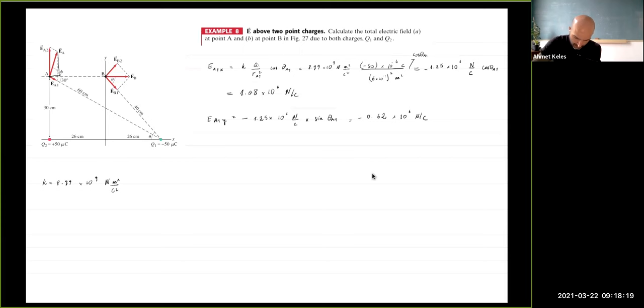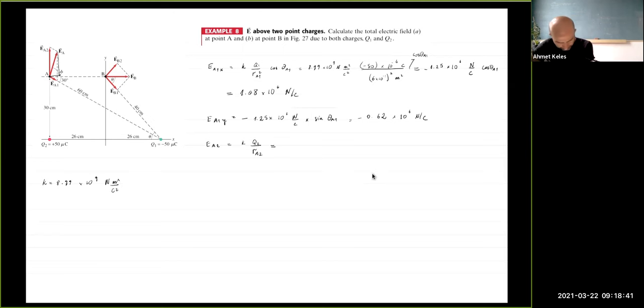Now I calculate E_A due to 2, and this charge only has a Y component, so we don't have to deal with cosines. It's equal to K Q2 divided by R_A2 squared.